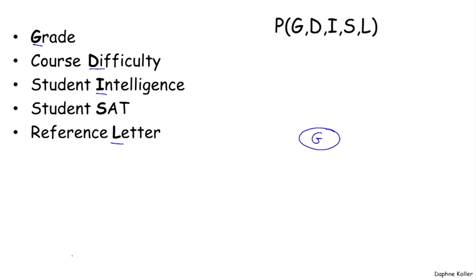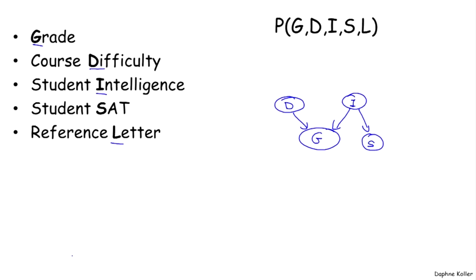And it seems, just from a completely intuitive perspective, clear that the grade of the student depends on the difficulty of the course and on the intelligence of the student. So we already have a little baby Bayesian network with 3 random variables. Let's now take the other random variables and introduce them into the mix. So for example, the SAT score of the student doesn't seem to depend on the difficulty of the course or on the grade that the student gets in the course. The only thing it's likely to depend on in the context of this model is the intelligence of the student.